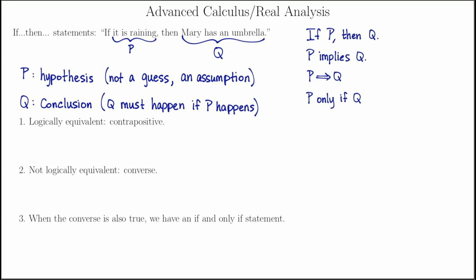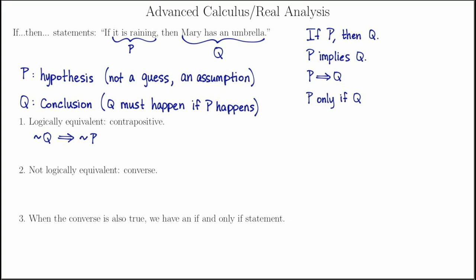Moving on, there are two important constructions that we can build off of this kind of if-then statement. The first one is logically equivalent to the original statement. This is called the contrapositive. What the contrapositive does is essentially reverse the roles of which of the two clauses you consider first.